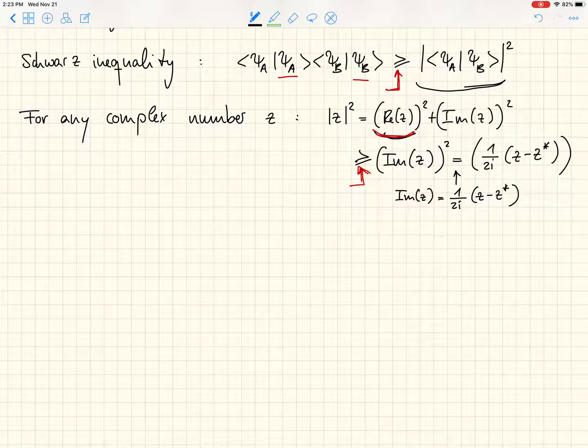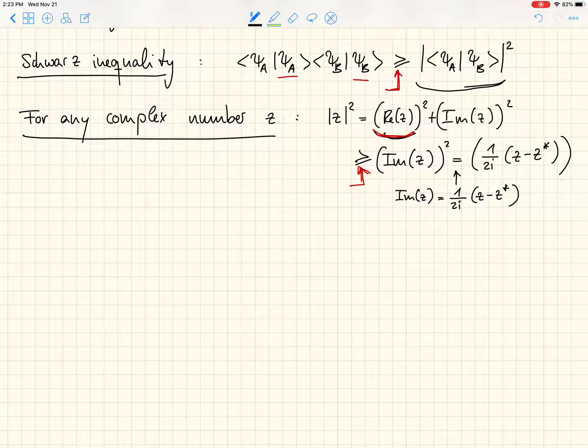So we have the Schwarz inequality and that general inequality for a complex number z.